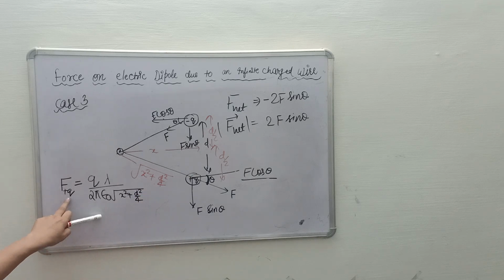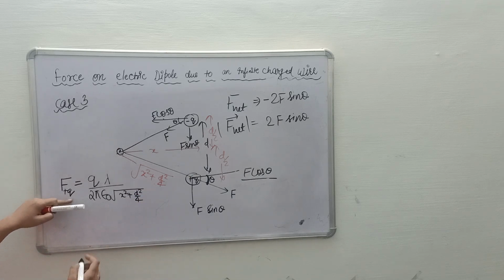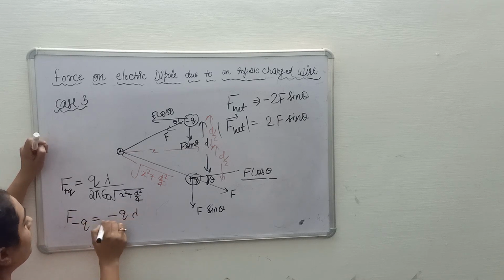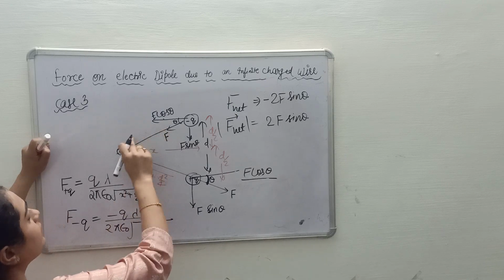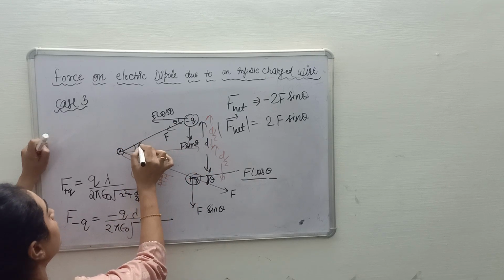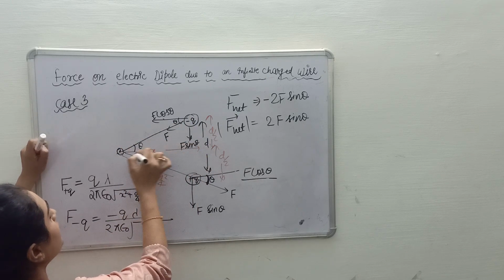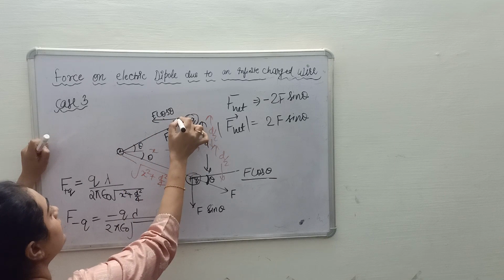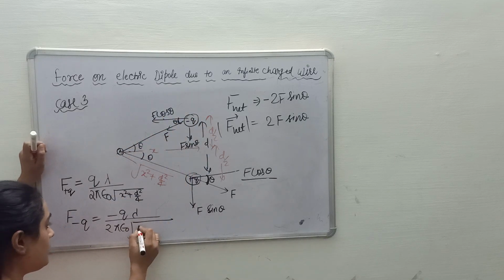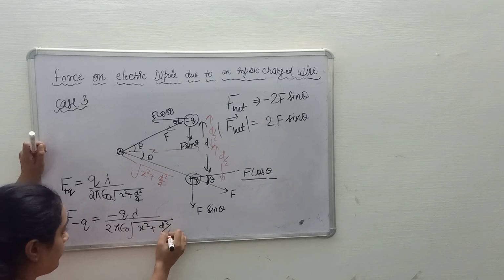This is the force acting on the positive Q charge, and for the negative Q charge it is minus Q lambda by 2 pi epsilon naught. Again the hypotenuse is the same. Here in the same triangle the angle is also theta, because this is the same. So x square plus d square by 4.